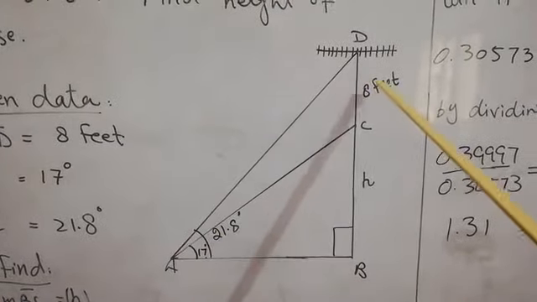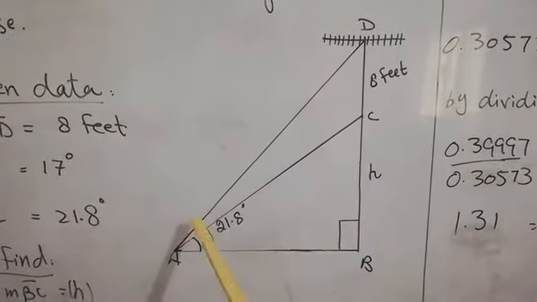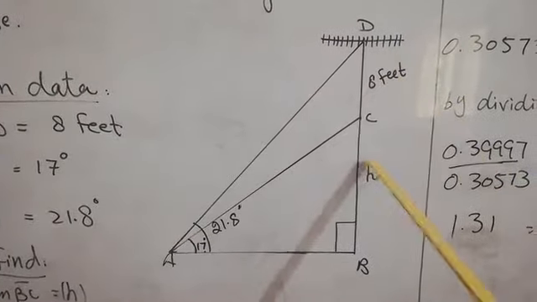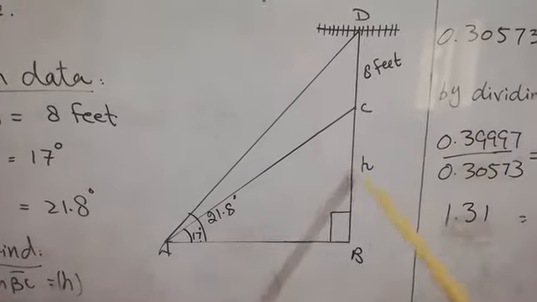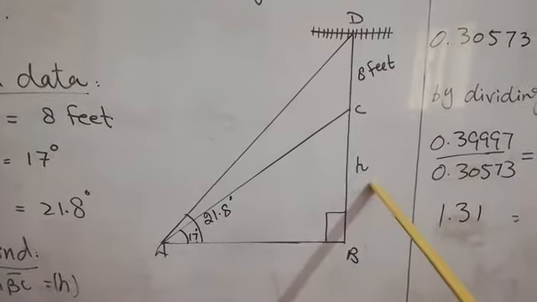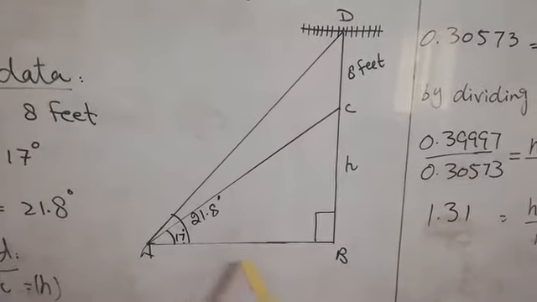So tan 21.8 means perpendicular over base, and the perpendicular has two parts. The first is the height of the antenna, which is 8 feet, and the second is the height of the house, which is represented by H, and the base is AB.